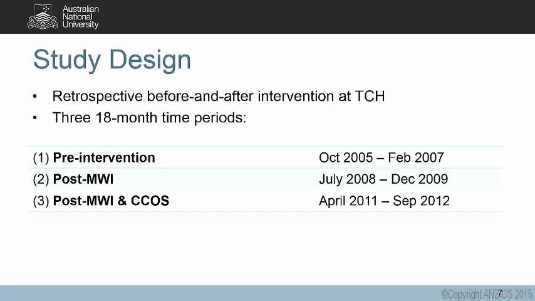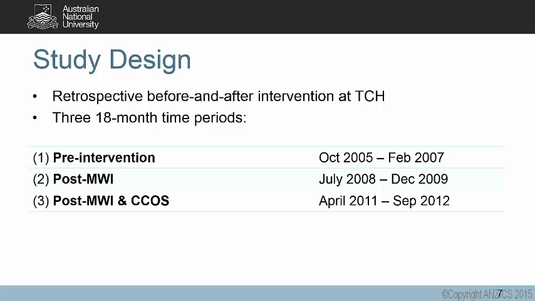Our study design was a retrospective before and after intervention approach, and there were 3 time periods that we were interested in looking at, all 18 months in duration. We had the pre-intervention time period, the post-multifaceted ward intervention, and then finally the post-multifaceted ward intervention and critical care outreach service.